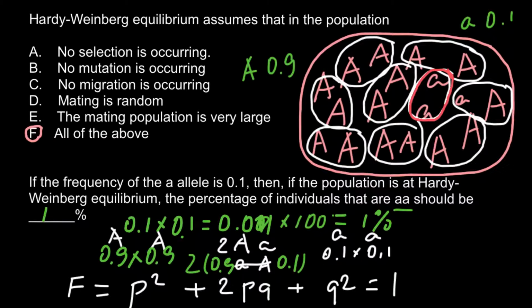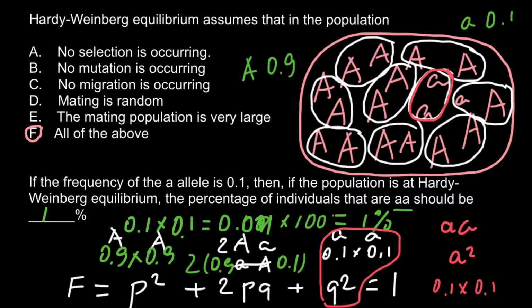Once again, because we know the frequency of the small a allele, the recessive allele, in order to find the probability of the genotype aa, we just have to multiply the probability of this allele by itself. In the Hardy-Weinberg formula, this is equivalent to this part.